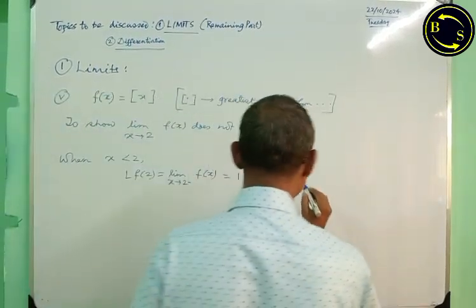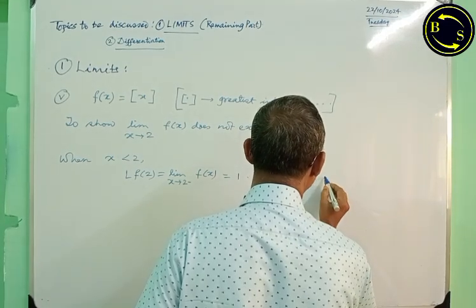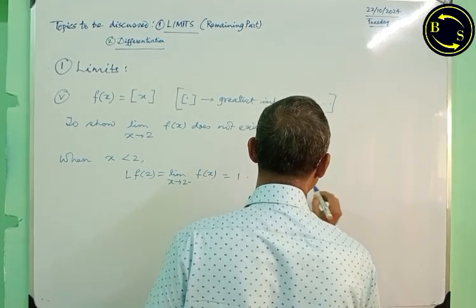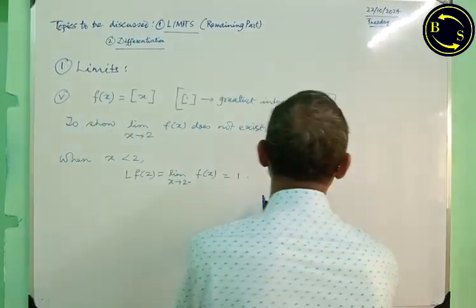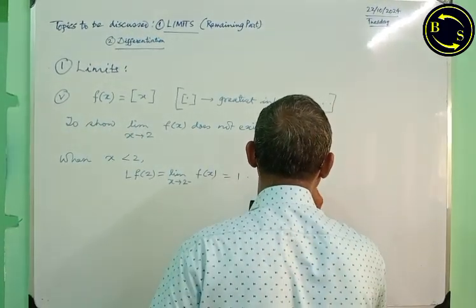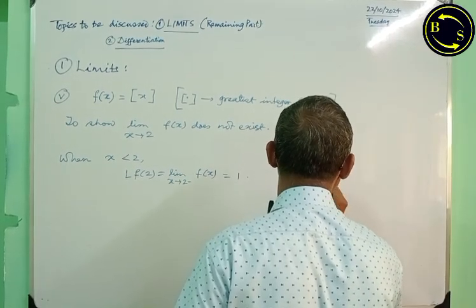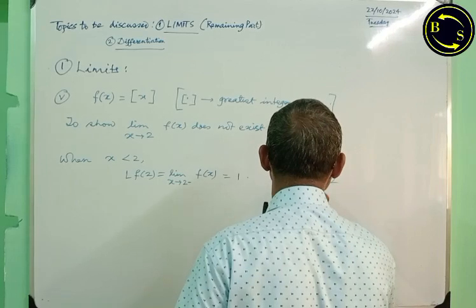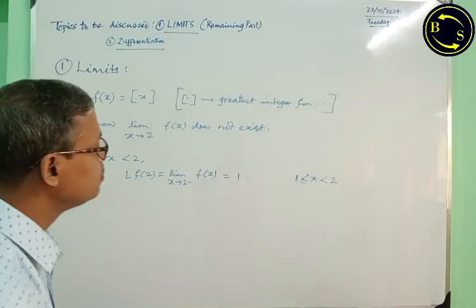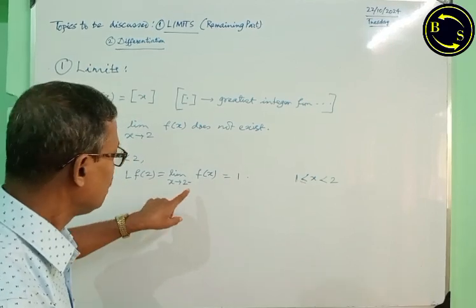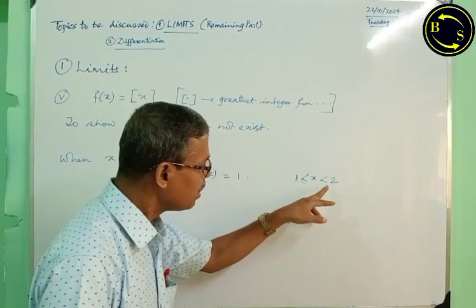That means it is lying one less than 2 and less than 2.